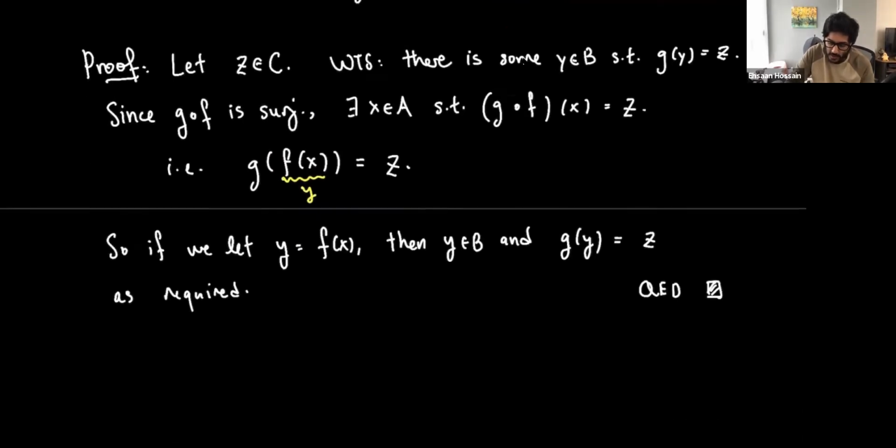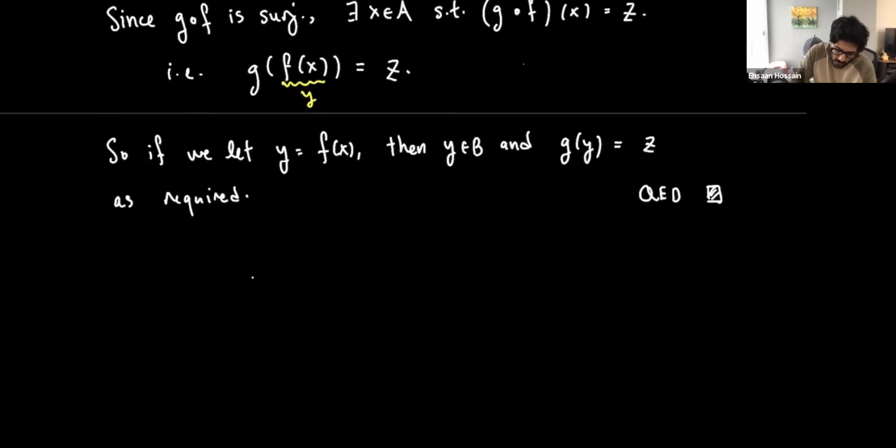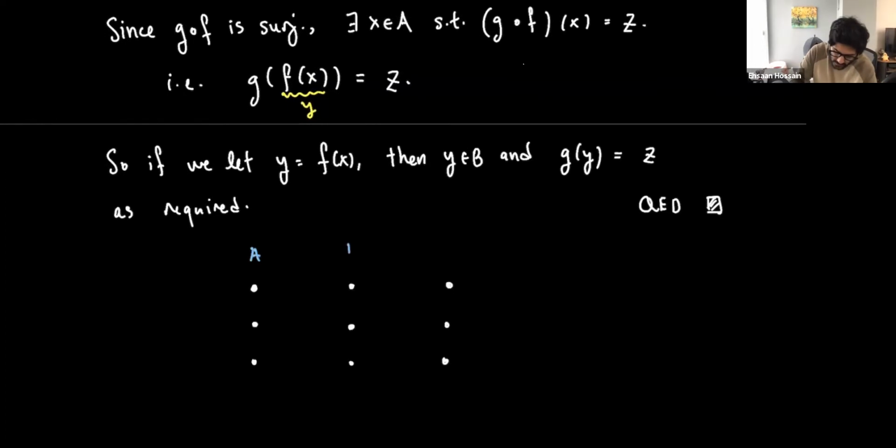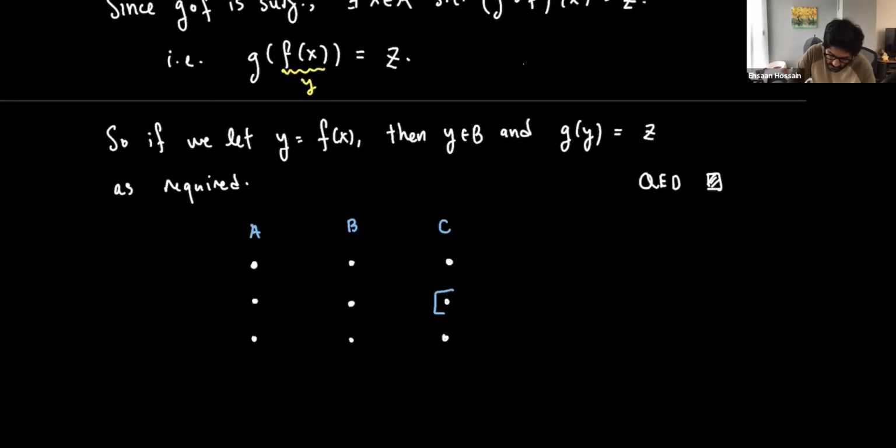So think of it like this. Let me try to draw a diagram. I have my three sets A, B, and C, and I want to hit this target Z here.